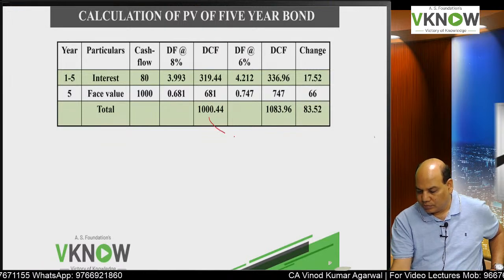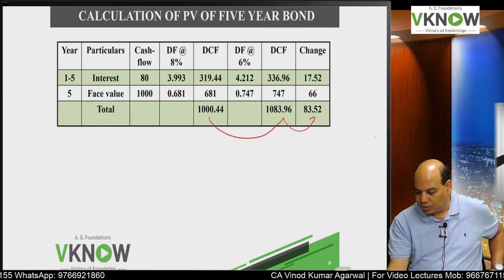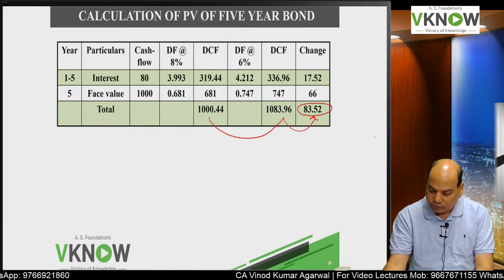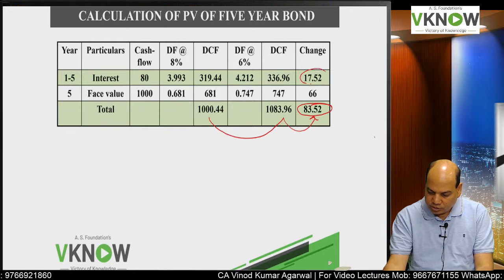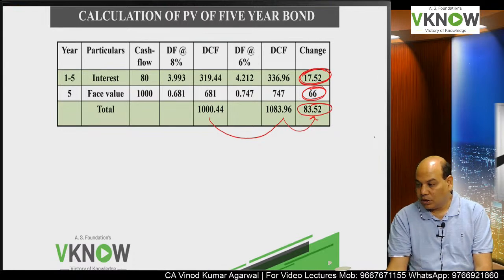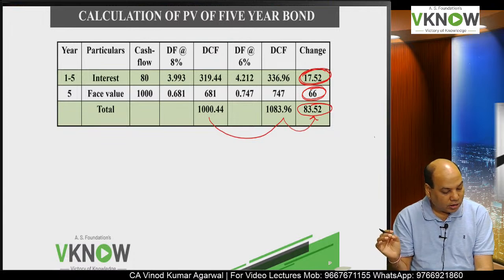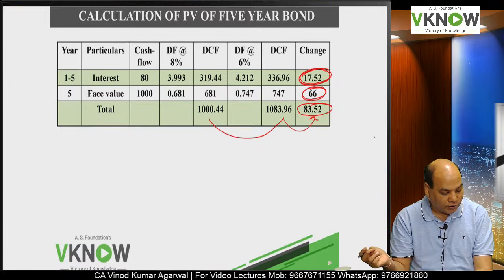Total change is 83.52. But out of that 83.52, this change is in coupon, this change is in face value, but we have to convert into percentage. The question is not the amount of change, but the percentage of change.